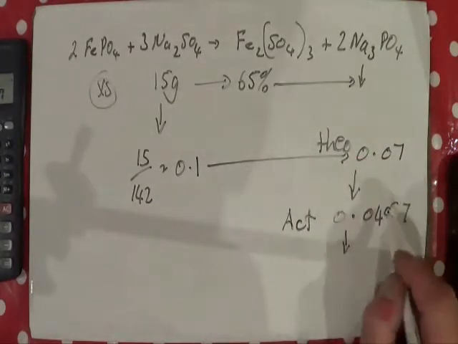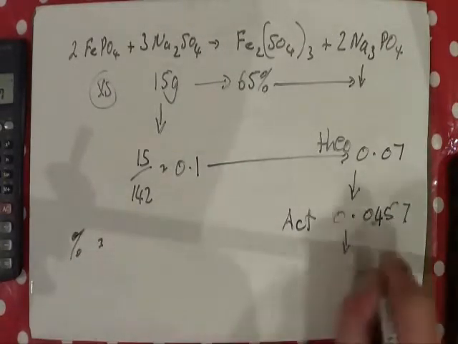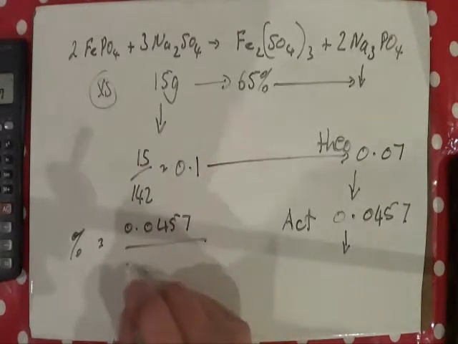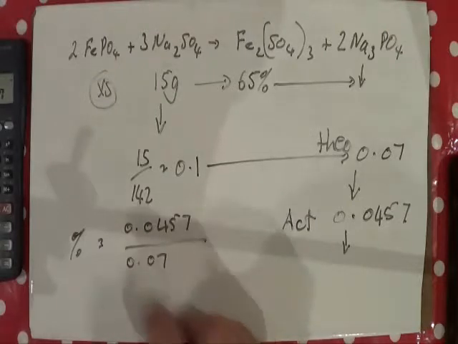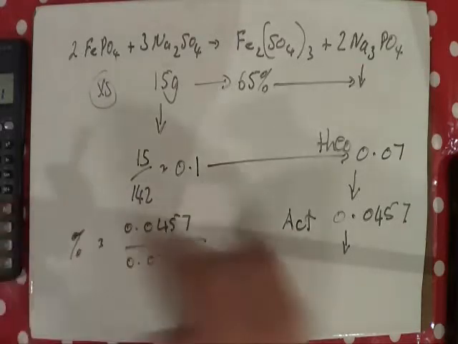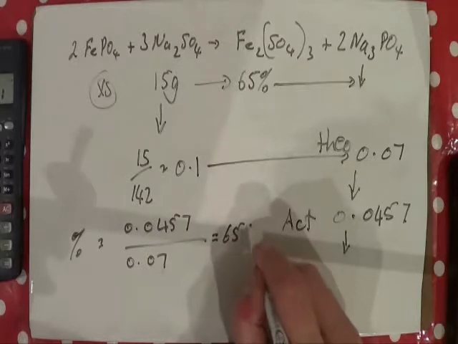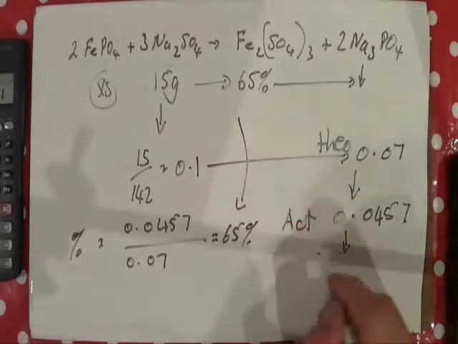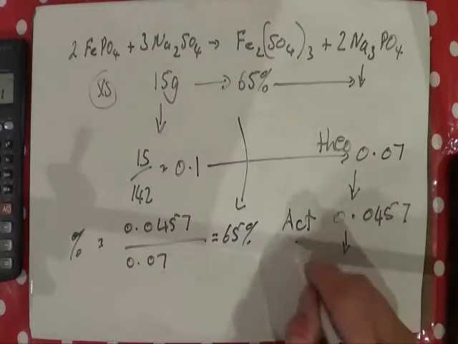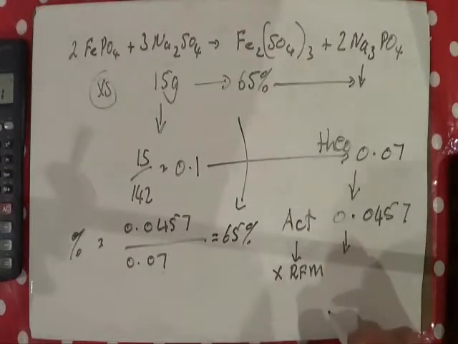So this time, instead of having to convert these to mass, we can just do actual moles over theoretical moles. That's 65%, obviously, but the question is, what mass of this will I make? Well, that's the moles that I actually make, so I have to multiply moles by the RFM.